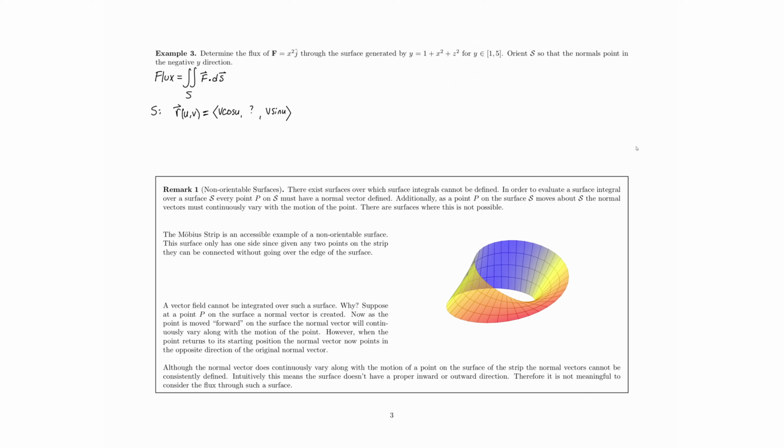Now notice here, we know that y is equal to 1 plus x squared plus z squared, which simplifies down into 1 plus v squared. So I'd go ahead and make that our y component.